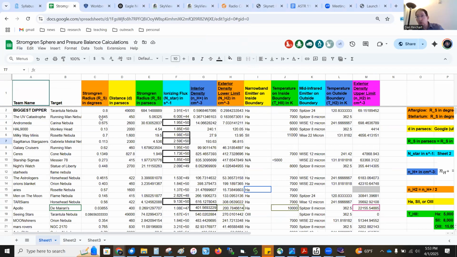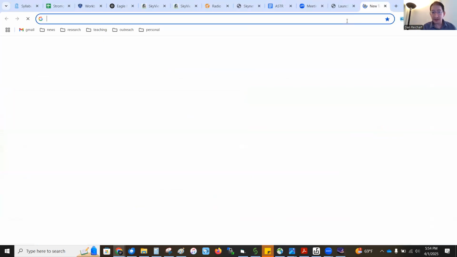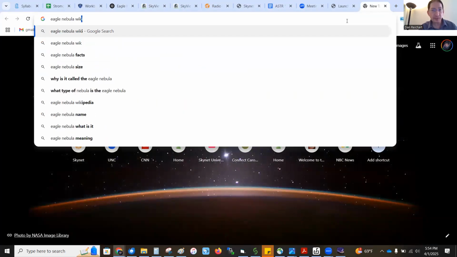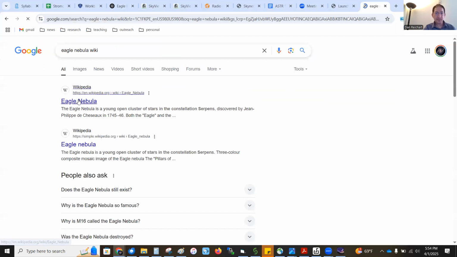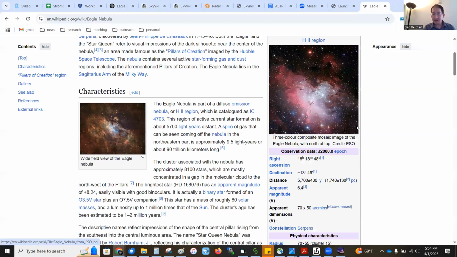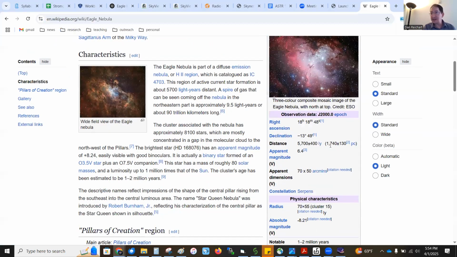So in that case, you just Google the target. I haven't done this, but let's give it a try. Eagle nebula, maybe go to Wikipedia. And you can get a distance. Here it is. And we want the distance in parsecs. So this one is 1,740 parsecs away.